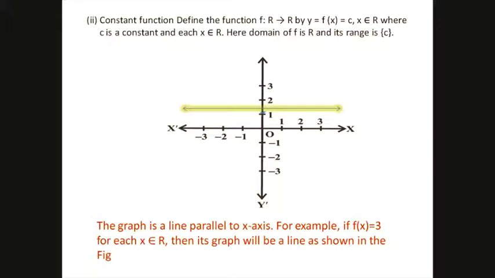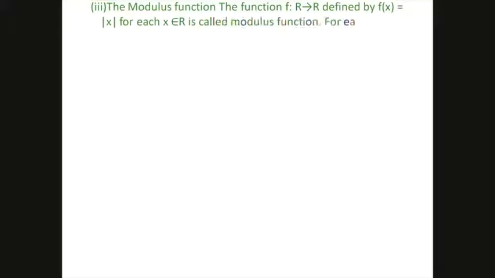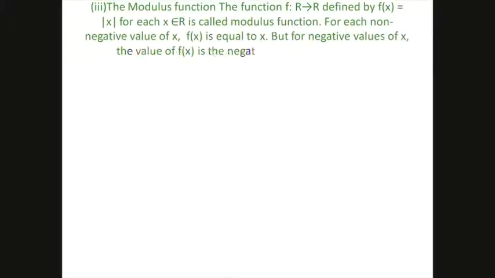Now next is the modulus function, which is a very important function. The function f from R to R is defined by f(x) = |x|. You all know modulus always gives us positive values. You are learning it from 6th, 7th class. So now we'll discuss the graph of this modulus function.